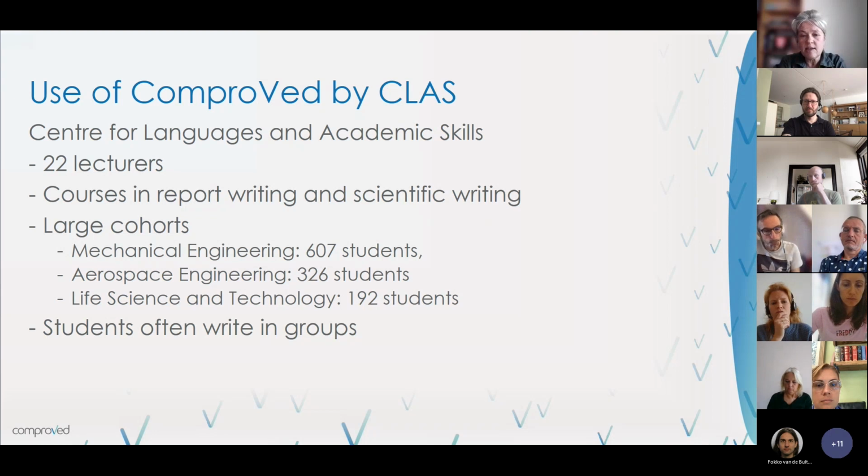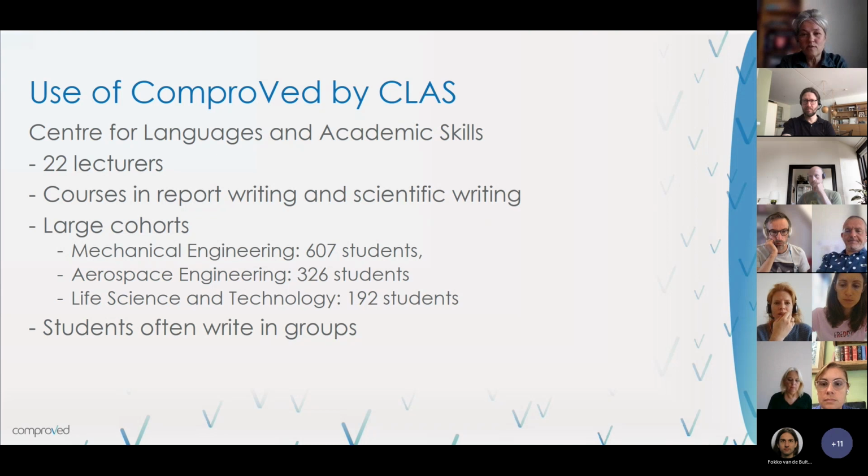Aerospace engineering, we had 326 students who were writing a scientific paper in groups of 10 students. And we had, for example, a life science and technology cohort of 192 students who wrote individual papers.